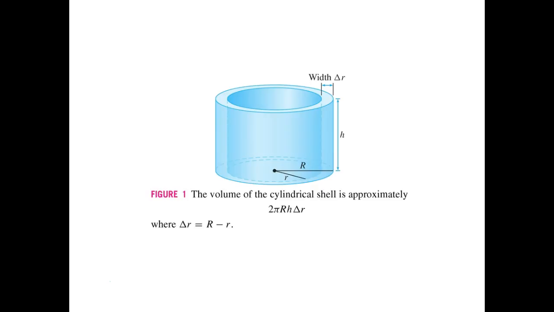And then delta R is that thickness, the thickness of the shell. The circumference of the shell is 2 pi times the bigger radius, and the height is that. So that gives you the volume of that cylindrical shell.